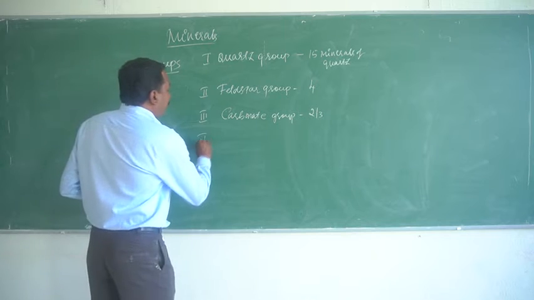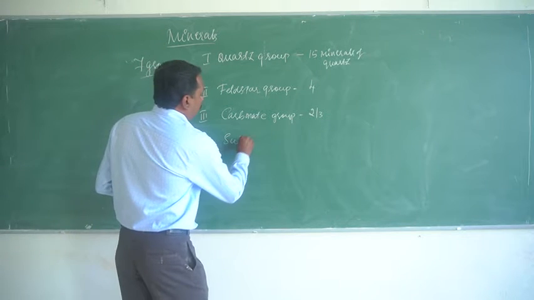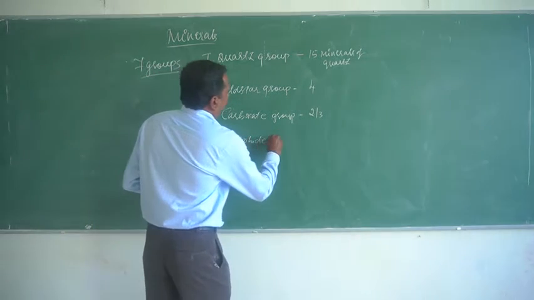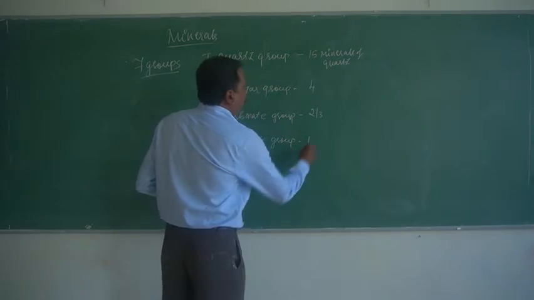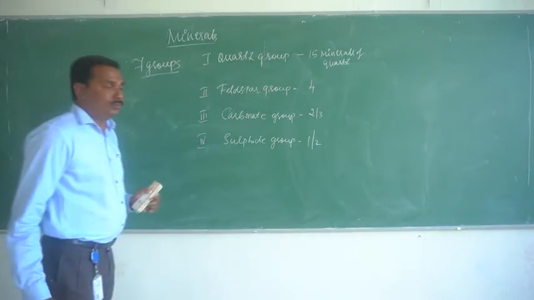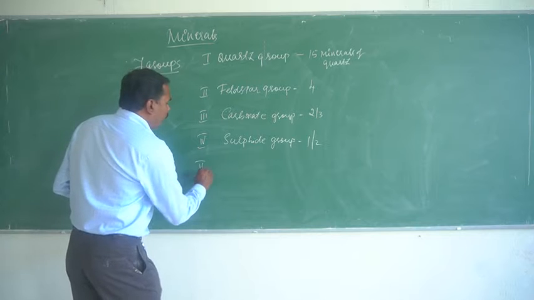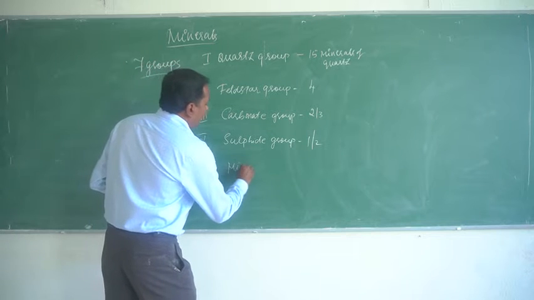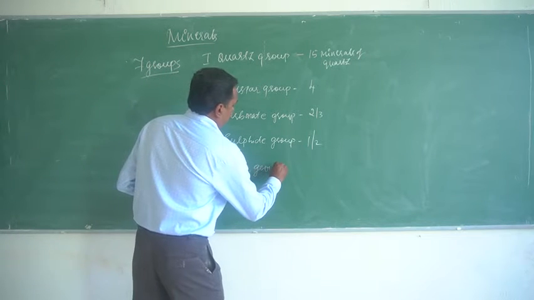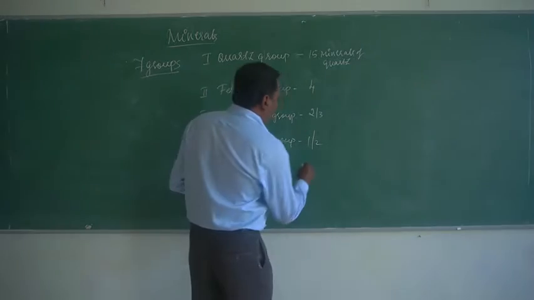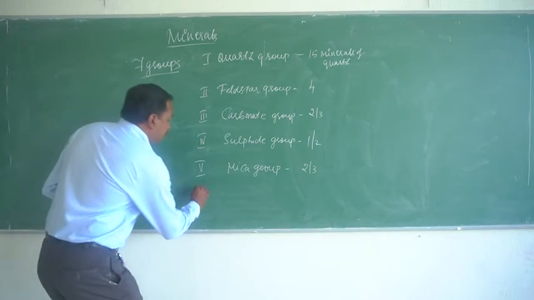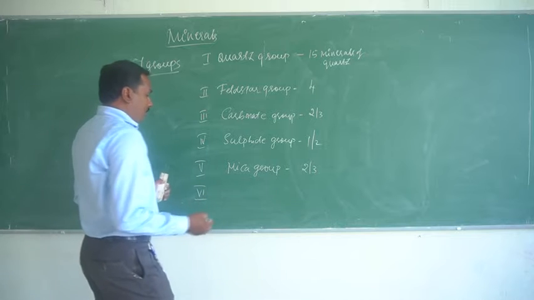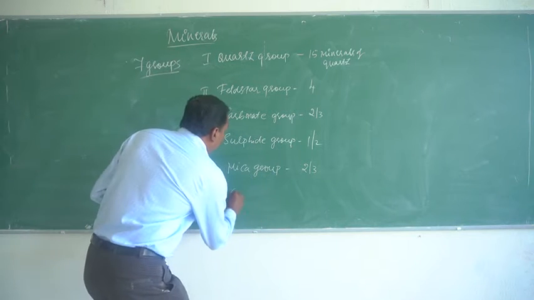And fourth one is the sulfide group. In the sulfide group, we are going to study 1 or 2 samples. Fifth one is the mica group. Again, here we are going to study 2 or 3 samples. Sixth one is the oxide group.